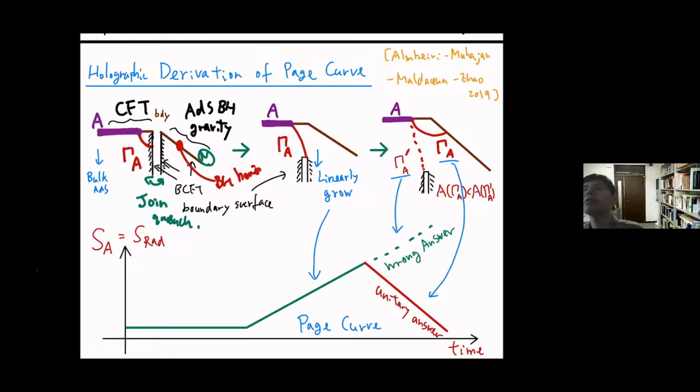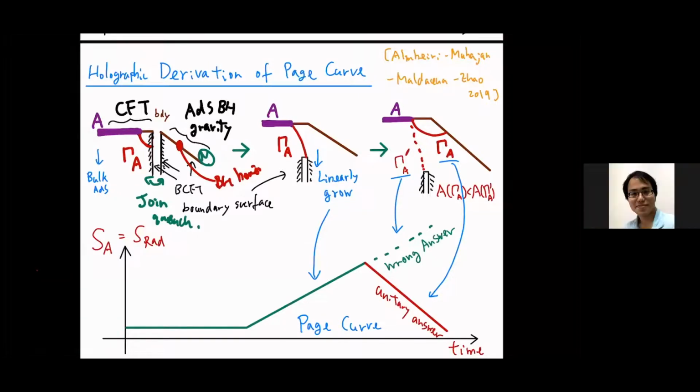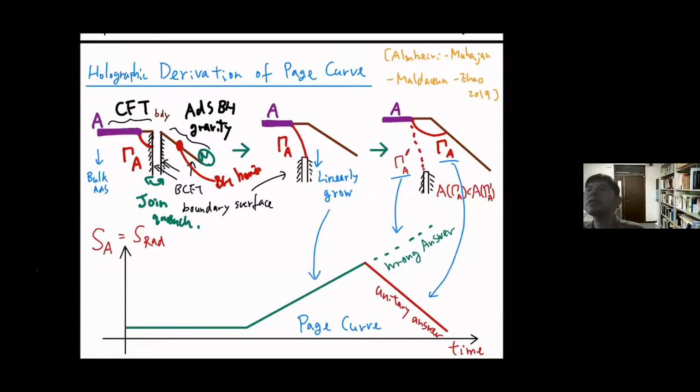That is true. So the Page curve is not particular to black holes. In that sense, yes, it's not peculiar. But if you really want an interpretation from a black hole, you need, of course, the black hole setup. But this kind of transition can happen many times.